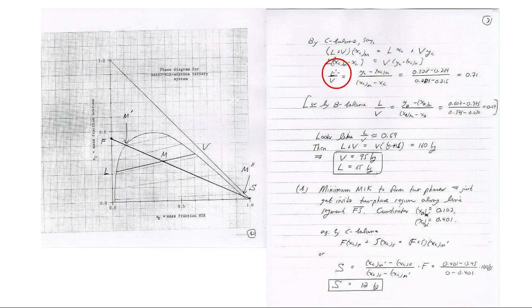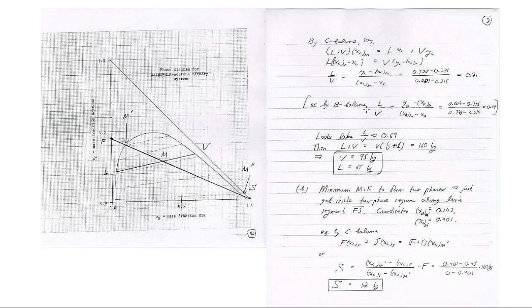And so I come to the conclusion that the ratio of the exiting raffinate to the exiting extract is this difference over this difference, put in the numbers, 0.71. So I now know that raffinate over extract leaving is 0.71, which is fine.